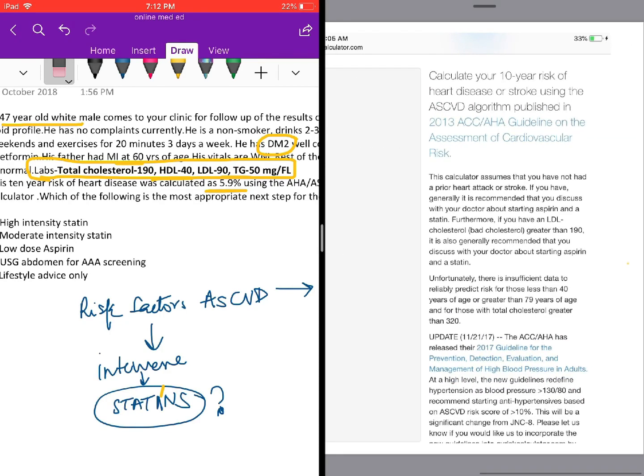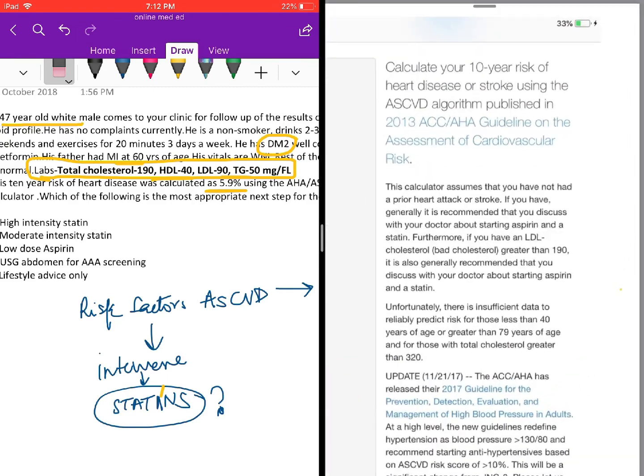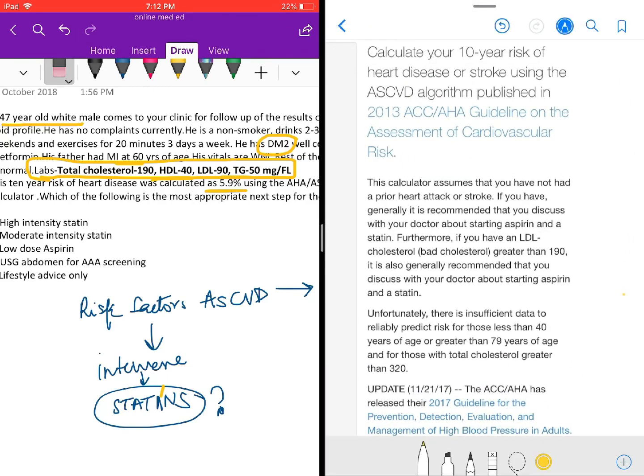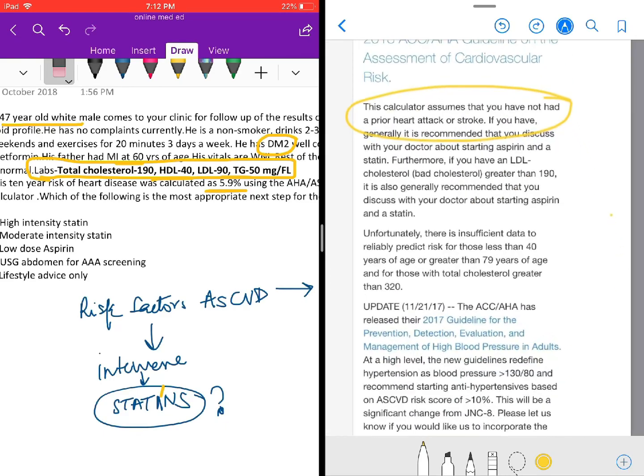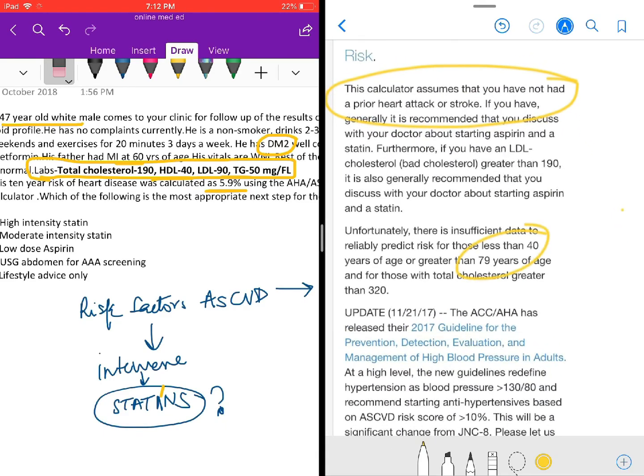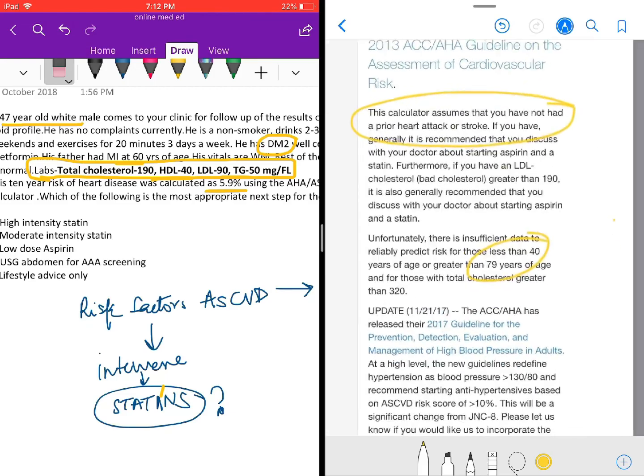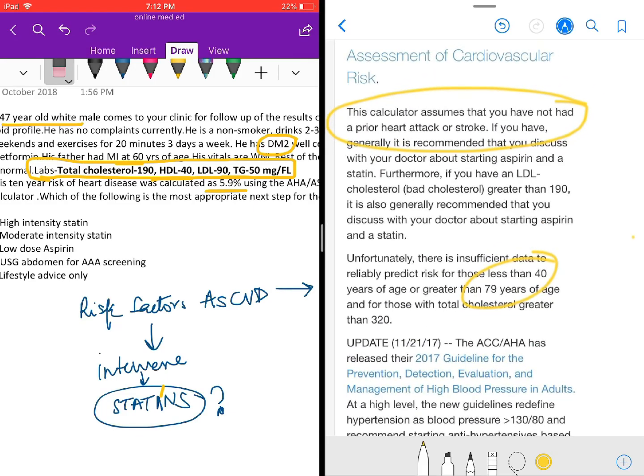What patients can we use this calculator on? Again, the first thing you have to see is that we can only use it for people who have not had a previous atherosclerotic CVD, like our patient. Then it can only be used for 40 to 79 years of age. And also you have to make sure that the person's LDL level is less than 190.